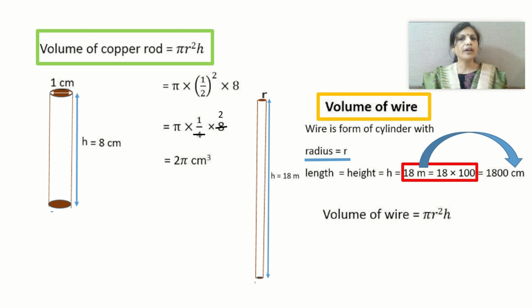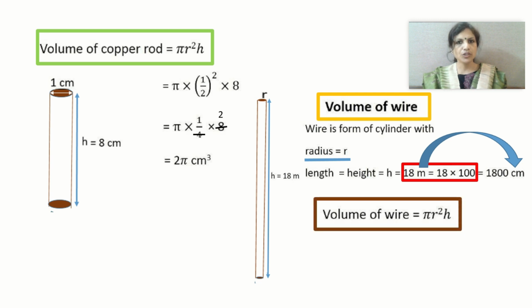Now volume of the wire, since the wire is cylindrical in shape, so volume is pi r square h. Let us substitute the values. So pi r square into height we have calculated as 1800. We are not going to substitute value of pi here because ultimately when we will equate the volumes, the pi will get cancelled.